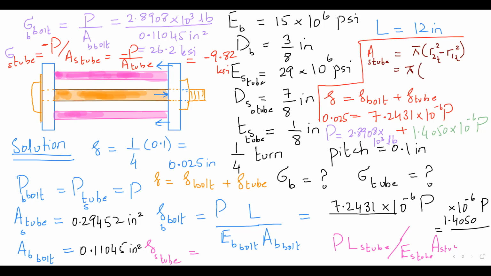So we have the diameter of the tube is 7 by 8 inches, and then the thickness is 1 by 8. So I will do 7 by 16 minus 1 by 8.